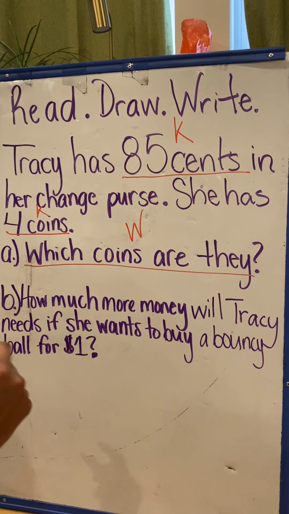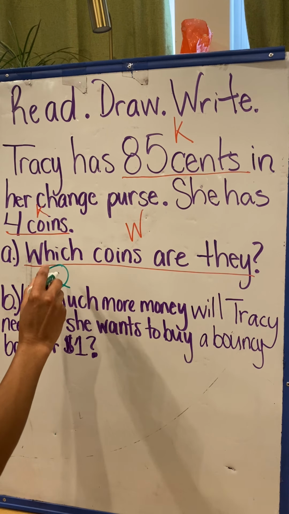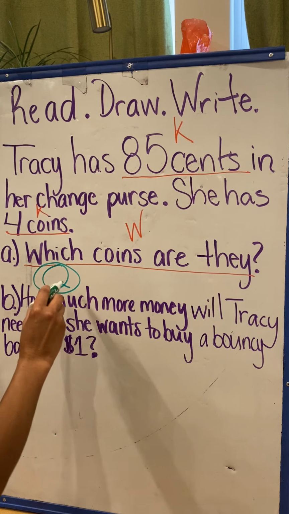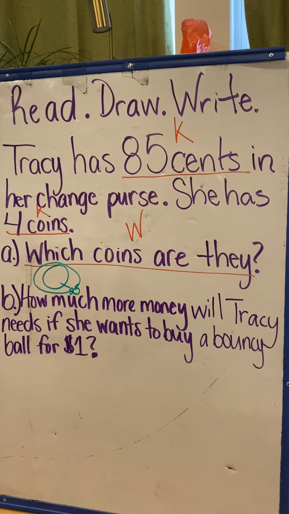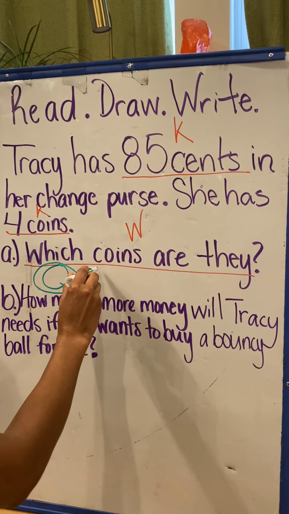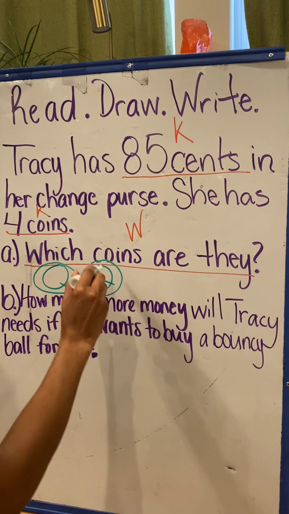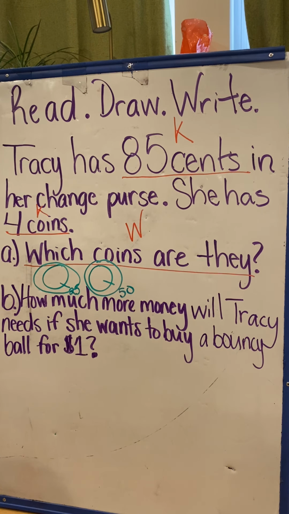So we should start by drawing 1 quarter, which would be 25 cents. And I can label 25 so I can keep track of how much I have. We can draw another quarter, another 25 cents, and 2 quarters together will give me 50 cents.